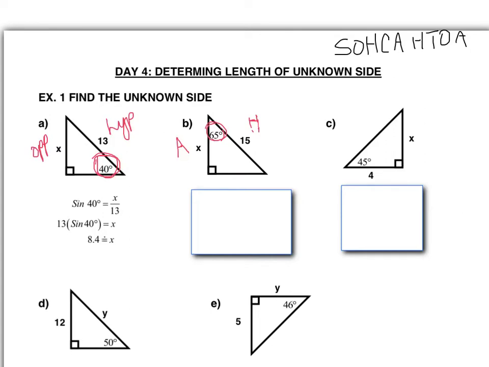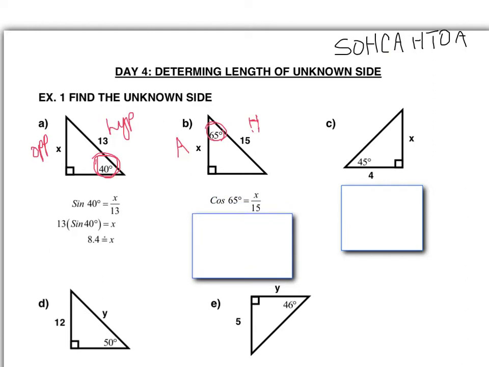And I go and look at SOHCAHTOA. I'm looking for where the A and the H are side by side, which is right here, which means I'm going to be using the cosine ratio. So I go and I do cosine of my angle, which was 65, is going to equal adjacent, which was x, over hypotenuse, which was 15, and you can sub it directly into it.